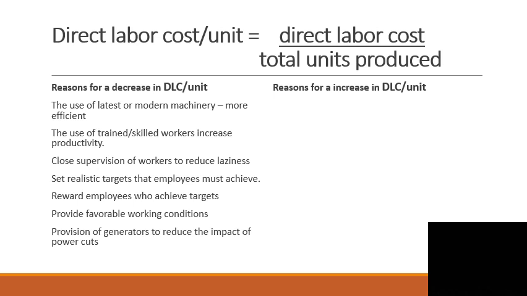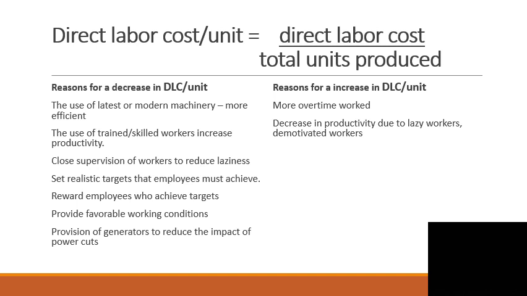What might increase now? Direct labor costs from one year to the other. If workers use more overtime, it might increase because overtime is charged using higher rates than normal working hours. So if overtime increases, direct labor cost increases.